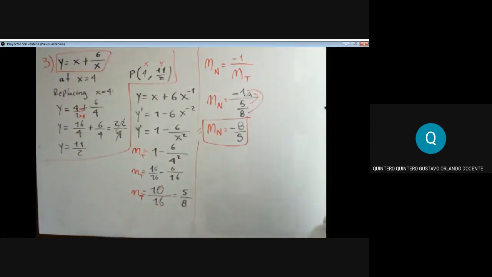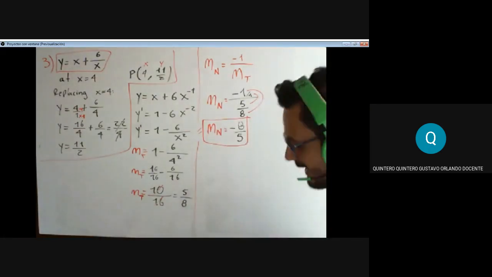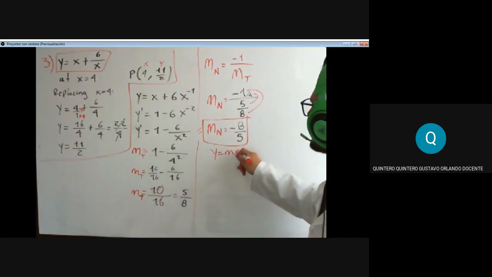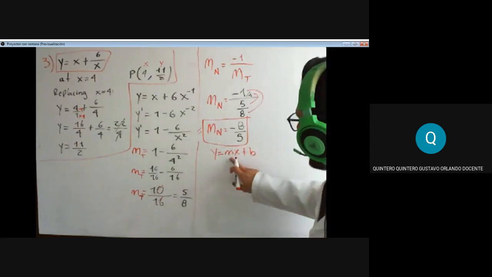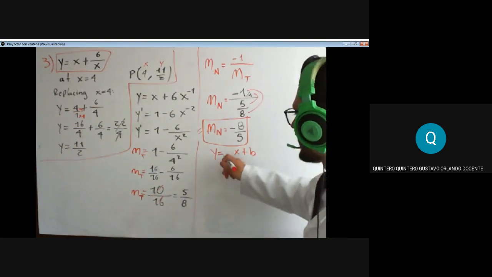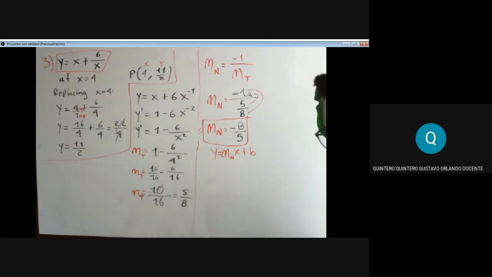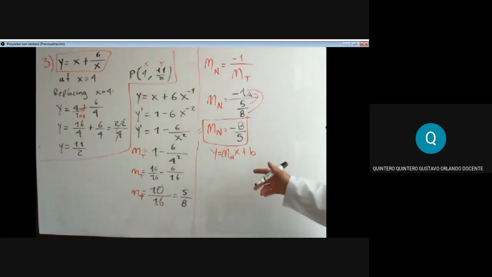But we know, since this is a normal line, it is in the form y equals mx plus b. This m, since it is a normal, has to be the slope of the normal, mn, right? Because we're finding the normal. And from here, the process is exactly the same.